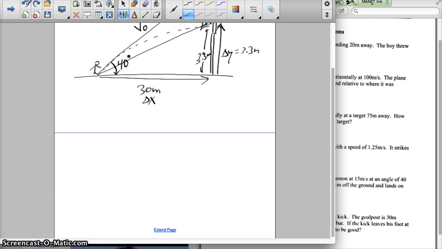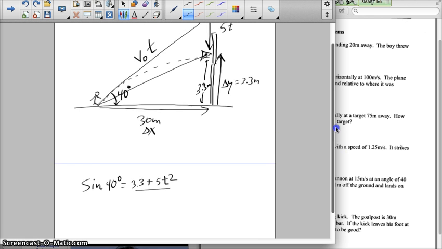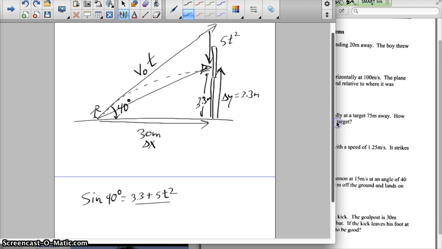Let's go with sine. So sine 40 degrees has to equal my 3.3 meters plus my 5t squared over v naught t. So there's two variables I don't know in this equation. So there's not much I could do there.